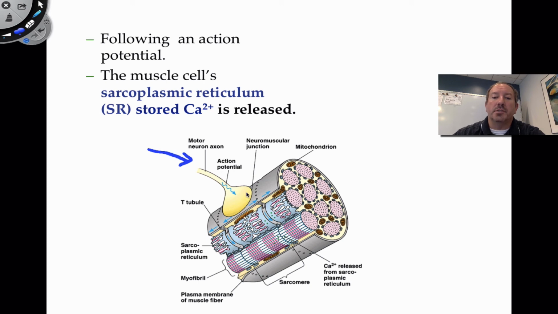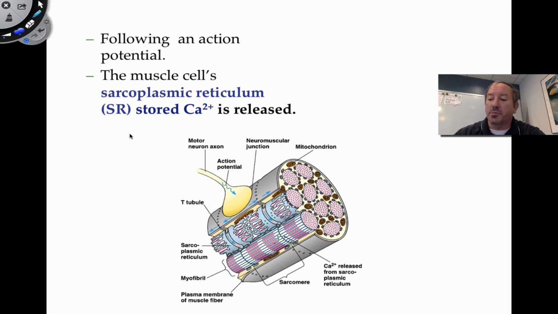And the nerve, which is here in the axon terminal, doesn't actually touch the muscle cell, but it comes very close. And where it comes close is called the synapse. We call that the neuromuscular junction. And a chemical neurotransmitter comes across and ultimately allows the calcium that's being stored in the sarcoplasmic reticulum to be released. So the nerve impulse causes the calcium to be released.